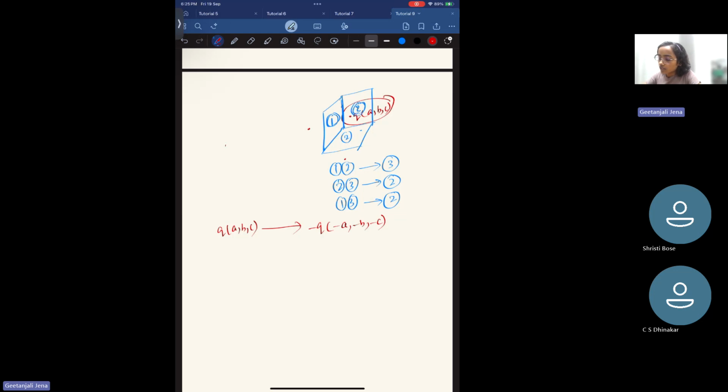If you consider the second plane here, Q is at A, B, C, so at the bottom we'll have minus Q at A, B, minus C. The other minus Q will be on the left side, where B is negative, so at A, minus B, C. And one minus Q will be towards the left side of plane 3, where A is negative, so at minus A, B, C.